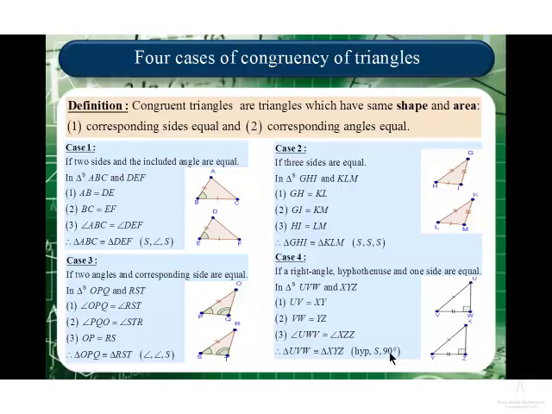Now notice that in any one of these four cases, if we know that the two triangles in question are congruent, let's for example look at the first situation, then we can immediately say that the angle A is equal to the angle D, the angle B is equal to the angle E, the angle C is equal to the angle F. So in other words, the order of the vertices is very important if we have the result of congruency in place.